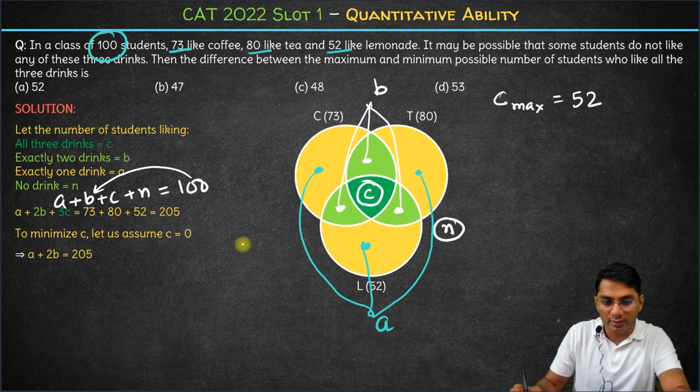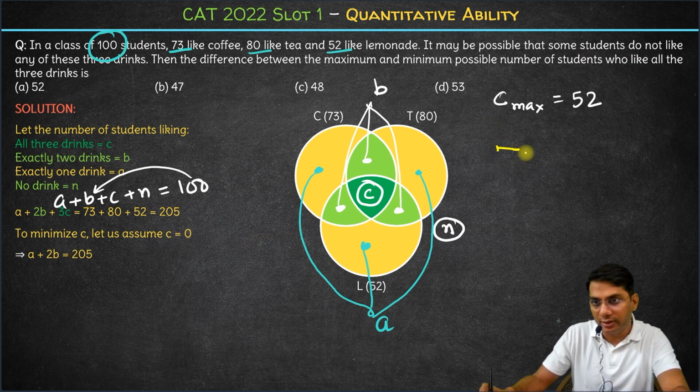I hope you remember this from the maximization minimization. You have A plus 2B plus 3C has to be 205.